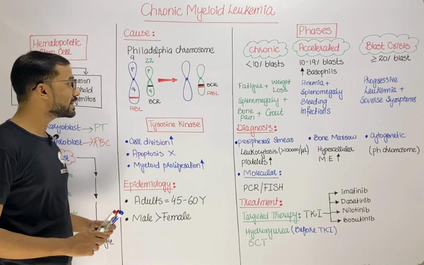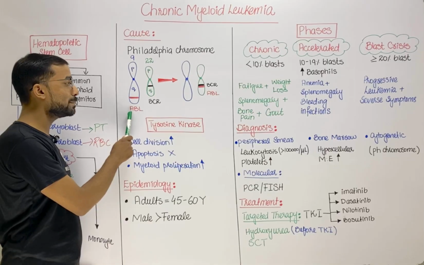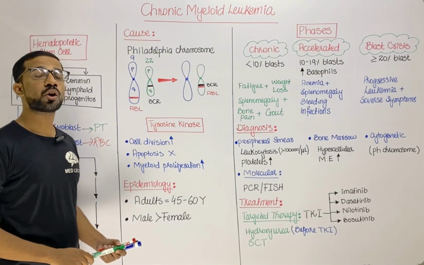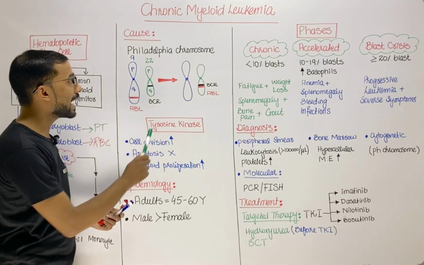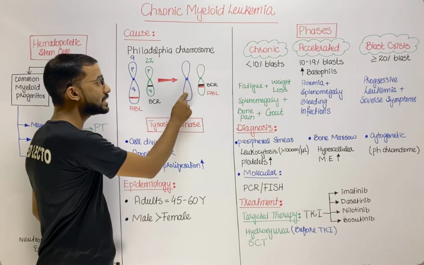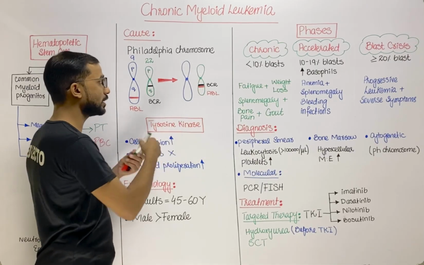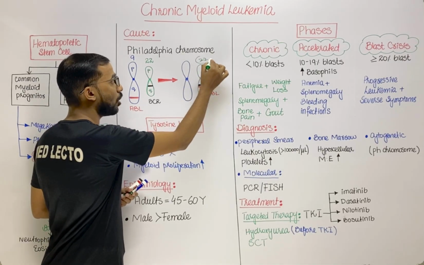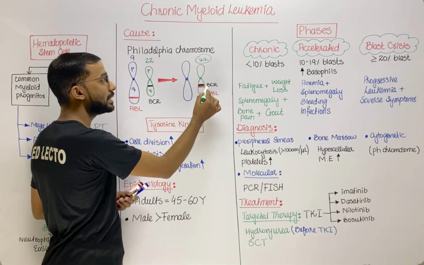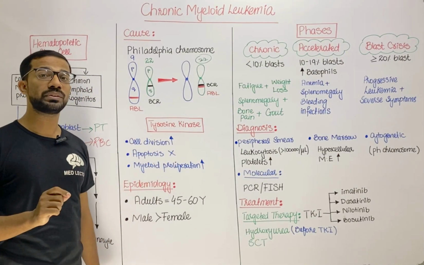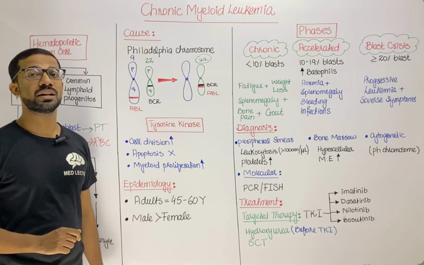Now, you will see the translocation of the ABL gene from chromosome number 9 to chromosome number 22. In that case, the ABL gene is removed and goes toward chromosome number 22, and there is fusion of the ABL and BCR genes. That is the important thing, the fusion of the ABL-BCR gene.